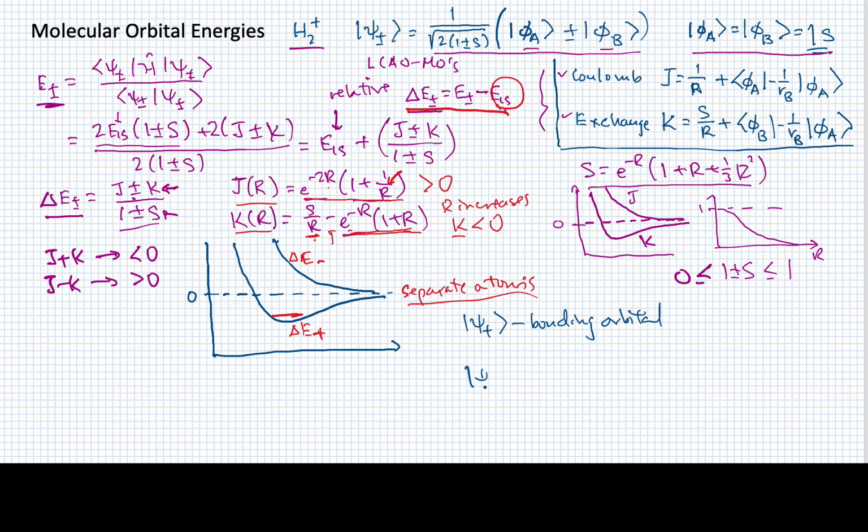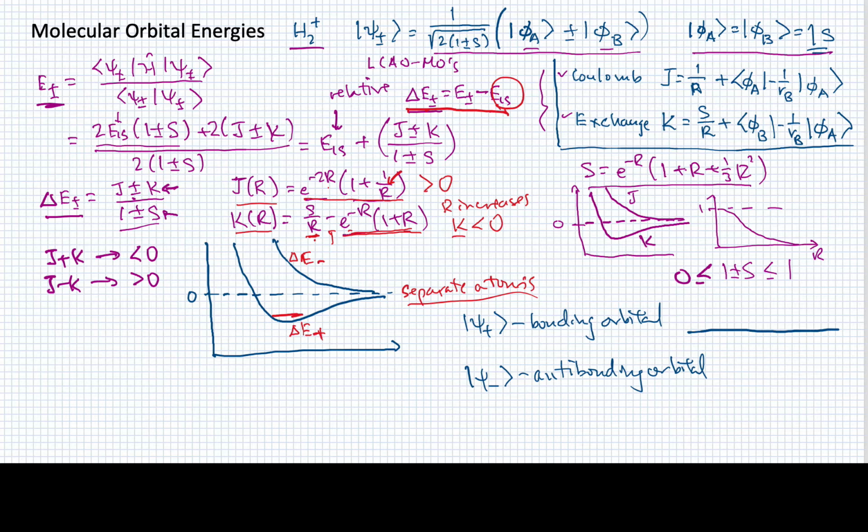The minus combination is something we'll relate to an anti-bonding orbital, where the two never achieve, unless they get to an infinite separation, an energy as low as having the separated atoms.